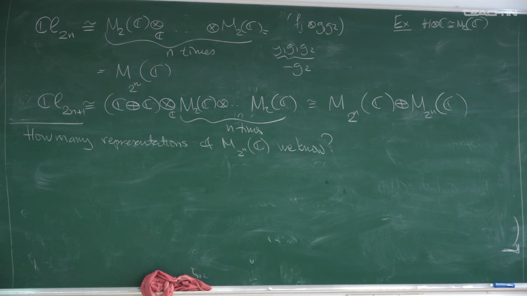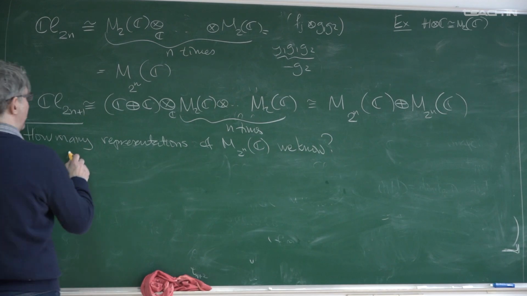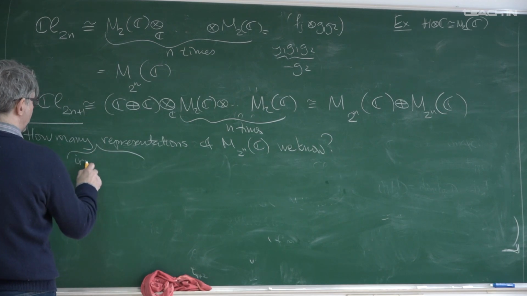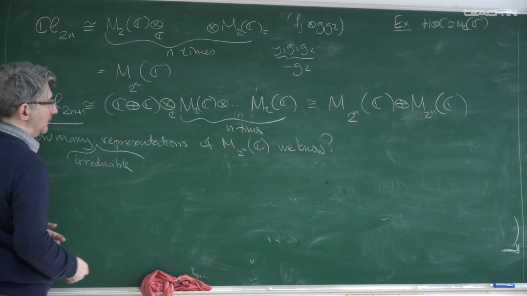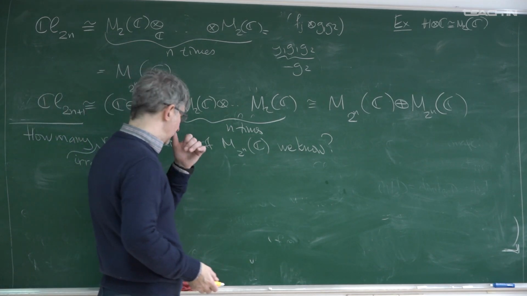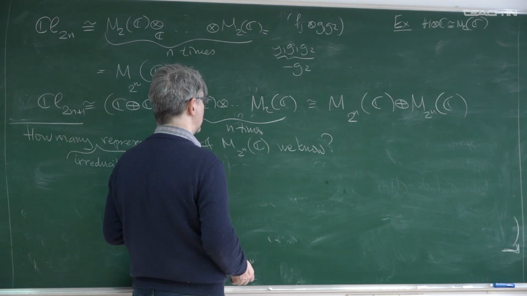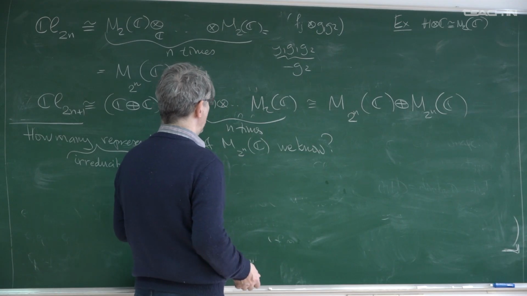If you have at least one representation, then immediately you take a sum of that and you obtain infinitely many representations. But if I add here irreducible, then there is one representation. Which one?